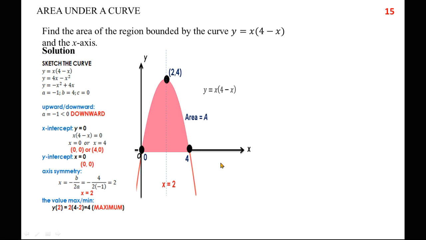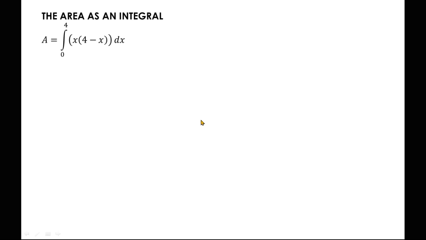That will be very useful while we are doing the calculation of the area using integral as follows. The area as an integral will be the integral of x times (4 minus x) dx, with the lower limit equals 0, upper limit equals 4. The integral of this equals the integral of 4x minus x squared as we multiply x inside the bracket.